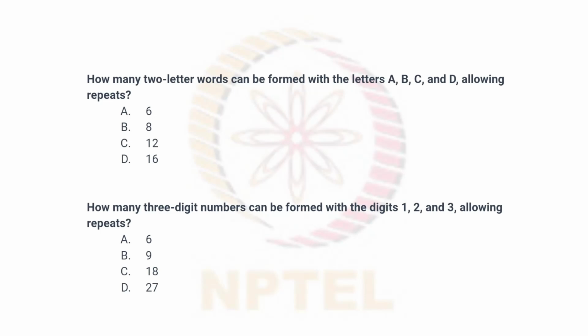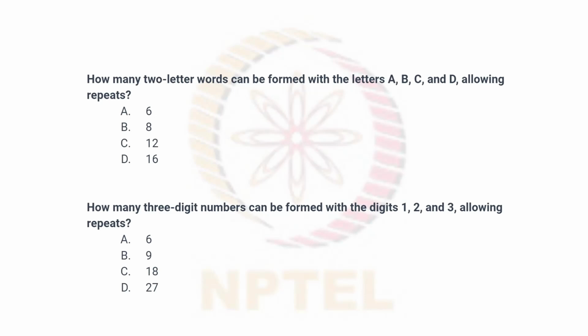I'll start with the explanation of the first one so that it would be easy to solve. Allowing repeats means that these letters can include AA. So, a two-lettered word.